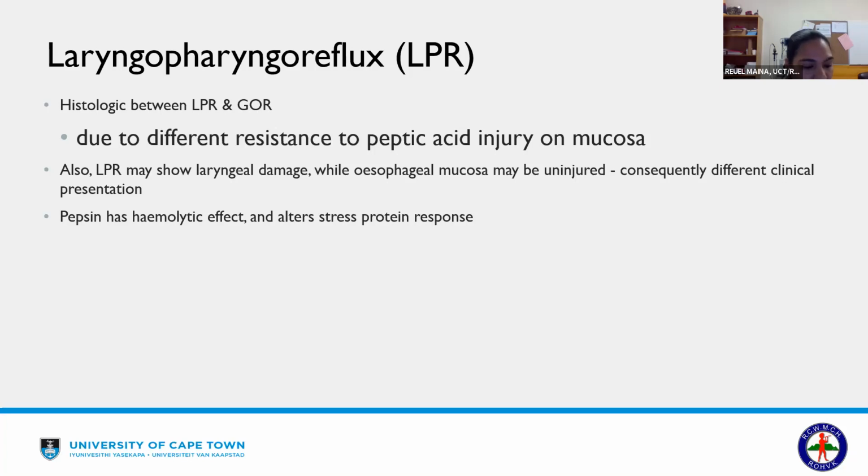With decreased ciliary flow, there is also decreased resistance to infection. The retrograde flow of gastric acid and pepsin induces laryngeal mucosal damage and impairs mucociliary resistance to infection and ciliary clearance.